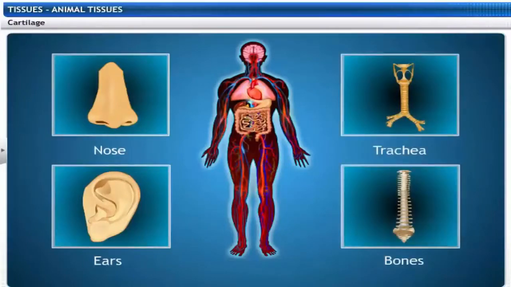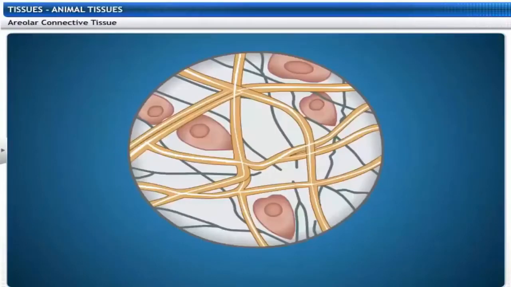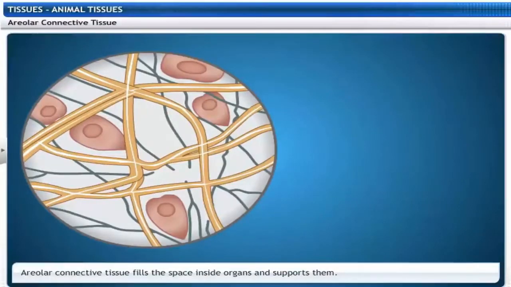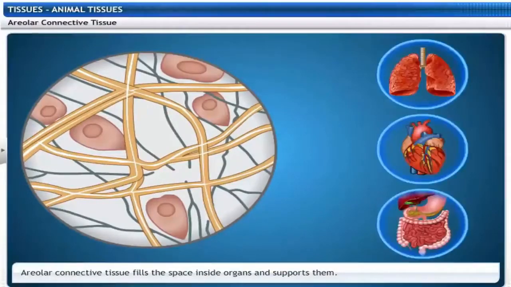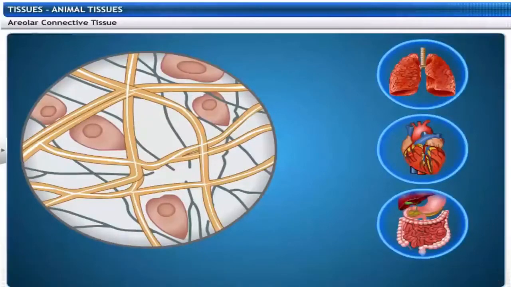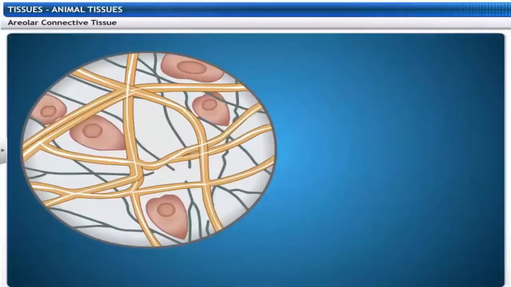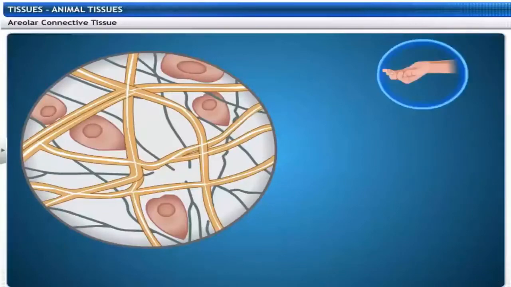Here's a look at the adipose connective tissue. Cells of this tissue are filled with fat globules. It is found below the skin and around the internal organs like the kidneys and acts as an insulator.